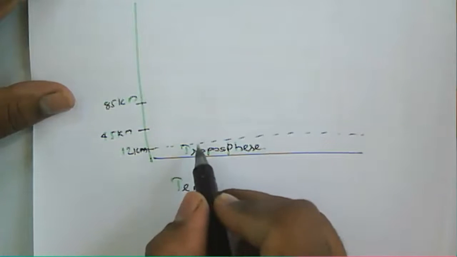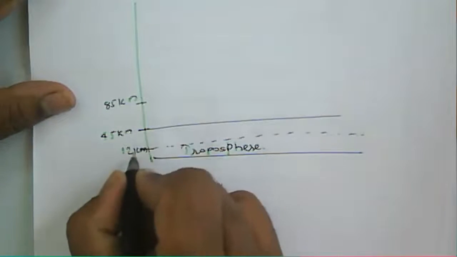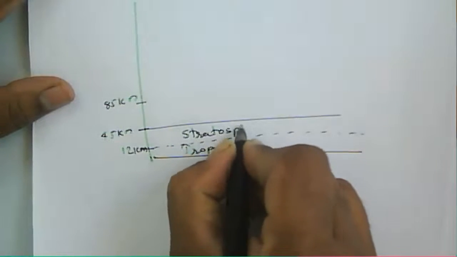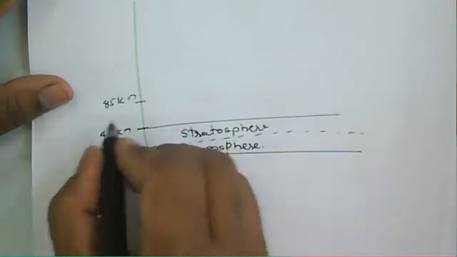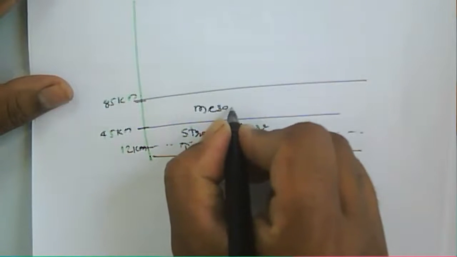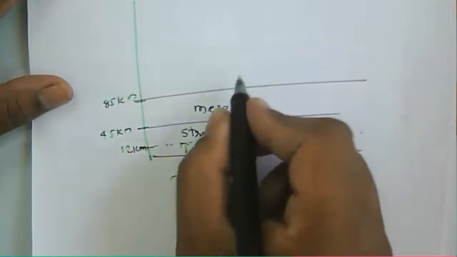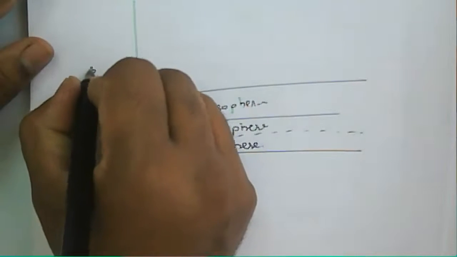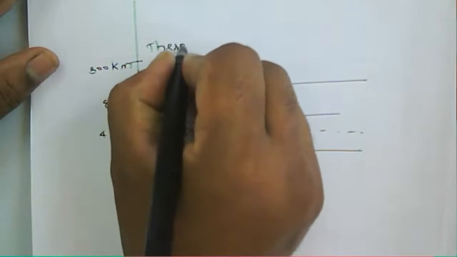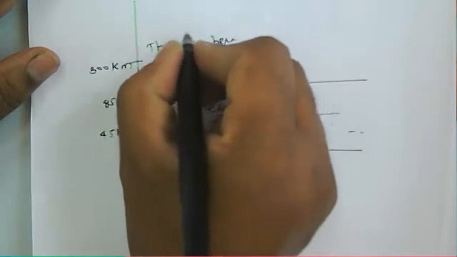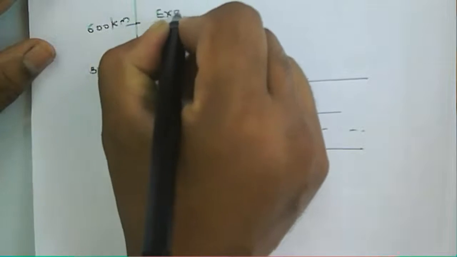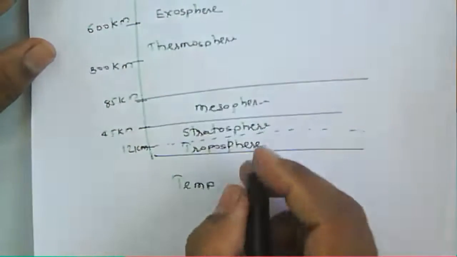Then from 12 to 45 kilometer, there will be the stratosphere. From 45 to 85, there will be the mesosphere. Above 300 kilometer, there will be the thermosphere, and above 600 kilometer, the exosphere.